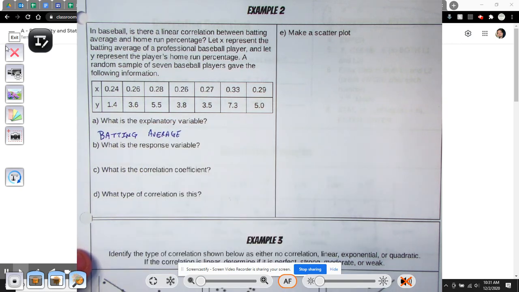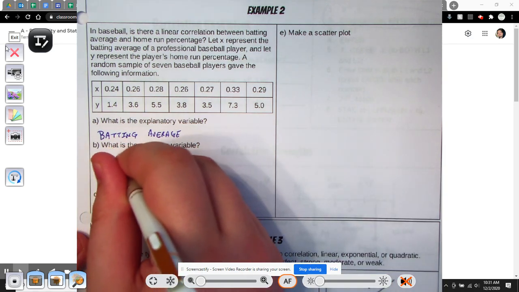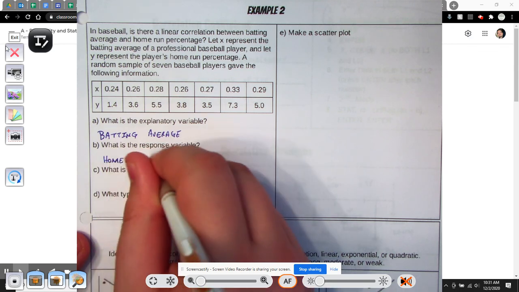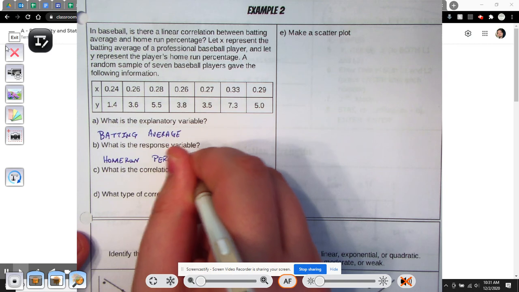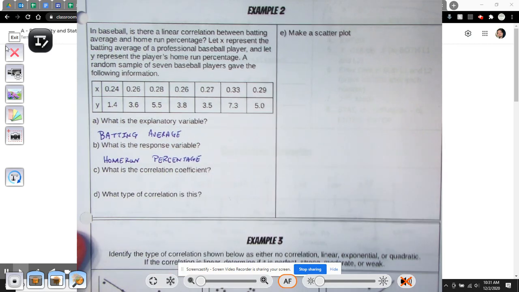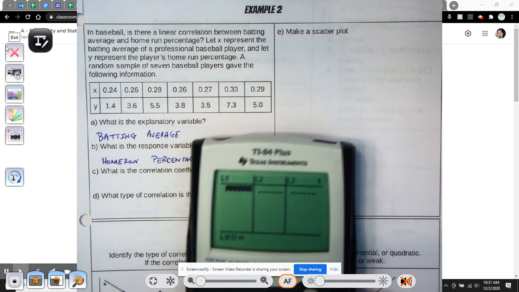Our response variable is our player's home run percentage. And now we need the correlation coefficient. So we need our calculator.